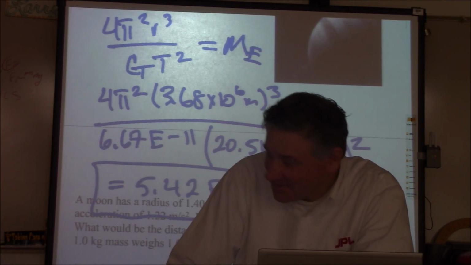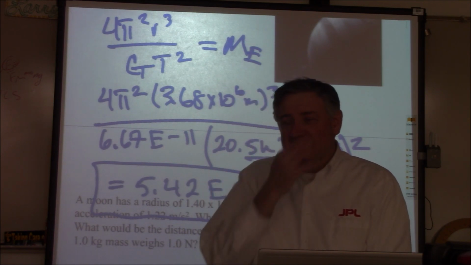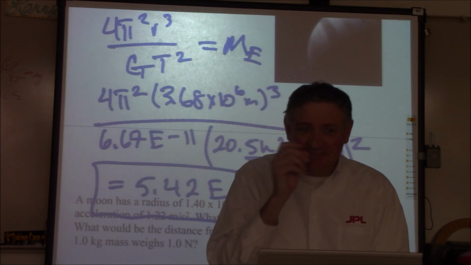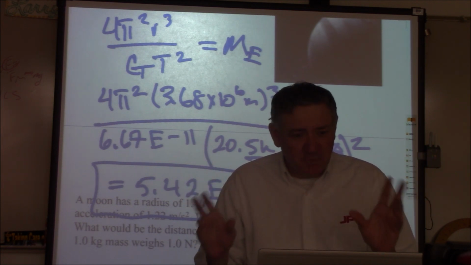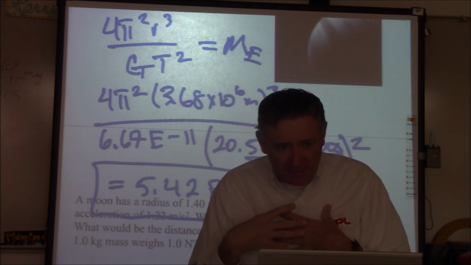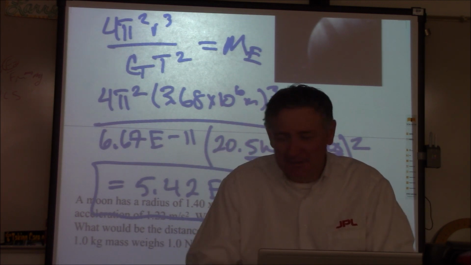All right? You got 10 to the what? I got 10 to the 41st. Yeah, that's literally about 1,000,000 times more massive than the mass of our sun. It would be a complete and total black hole.